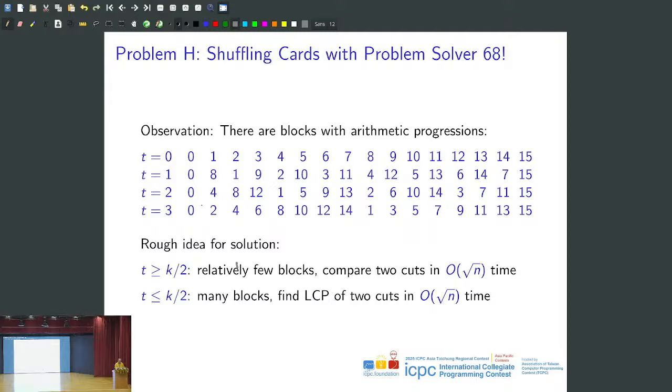You get these blocks here: 0, 4, 8, 12, and then the next one is 1, 5, 9, 13, 2, 6, 10, 14, and so on. And here, for T, the blocks are even longer. And here the blocks are very short.